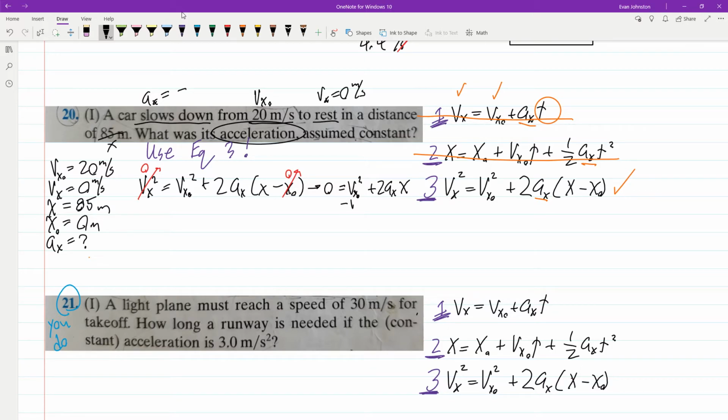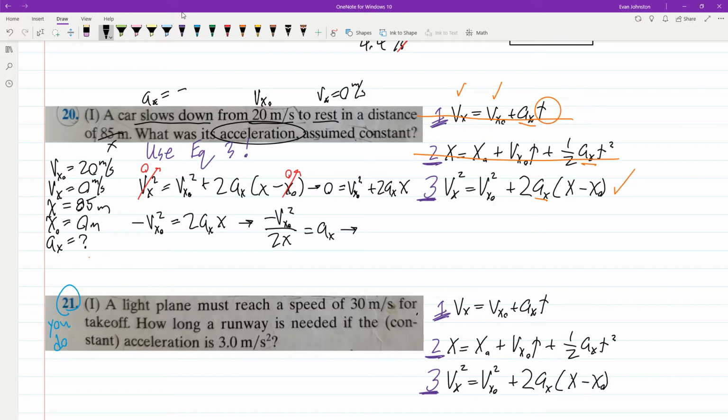So I'm going to subtract this v x naught, the initial velocity. So I'll end up having negative the initial velocity squared is equal to twice the acceleration in the x direction times x. And I want a alone, so I'll divide by 2 and I'll divide by x on both sides. So really I have negative, the velocity in the beginning squared divided by 2x. That'll give me my acceleration.